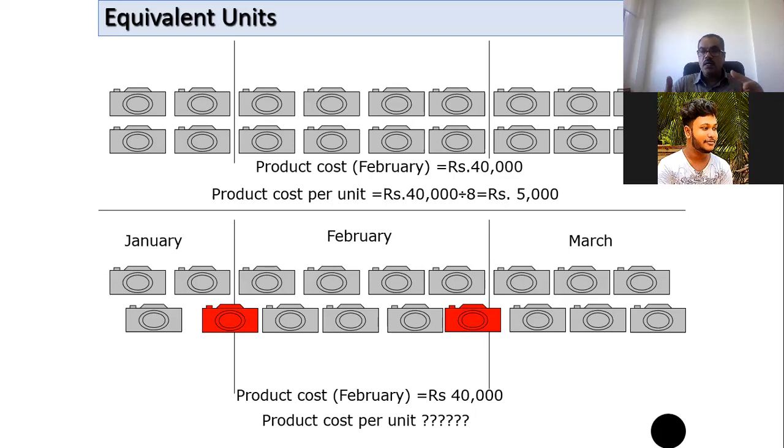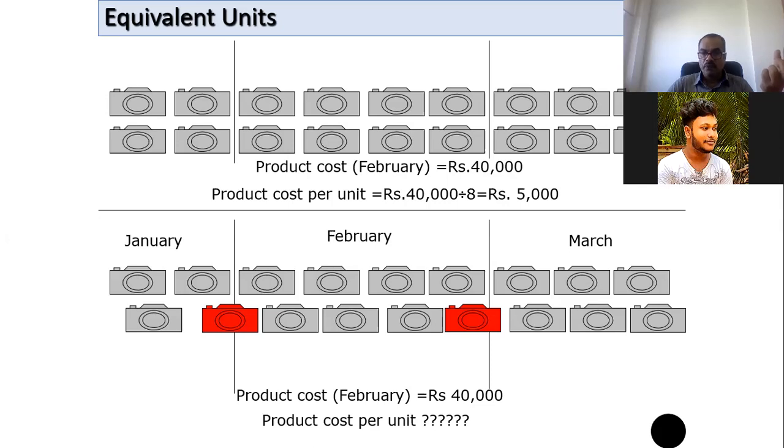In addition to these 7 completed units, we have 2 units incomplete. One is at 25%, the other one is at 75%. That is why I just told you earlier that when we take them together, 25% of this particular unit and 75% of this particular unit is equivalent to 1 unit. Is that clear?